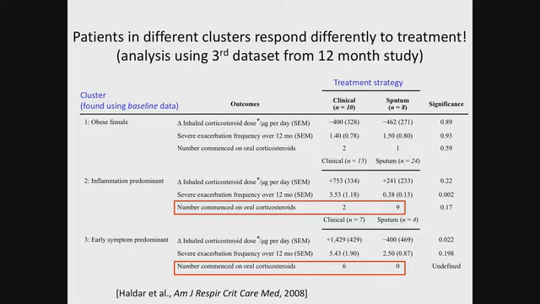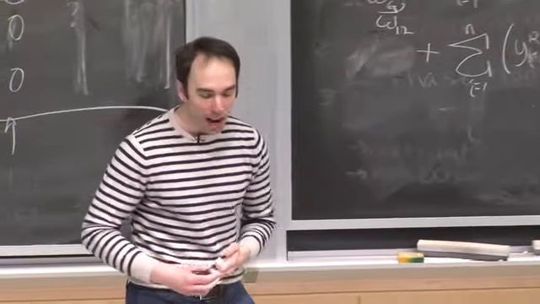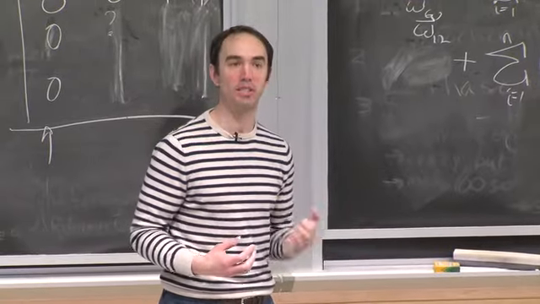Now, since these go in completely opposite directions, it's not surprising that the average treatment effect across the whole population was 0. But what we're seeing now is that, in fact, there's a difference. And so it's possible that the therapy is actually effective, but just for a smaller number of people. Now, this study would never have been possible had we not done this clustering beforehand, because it has so few patients, only 68 patients.